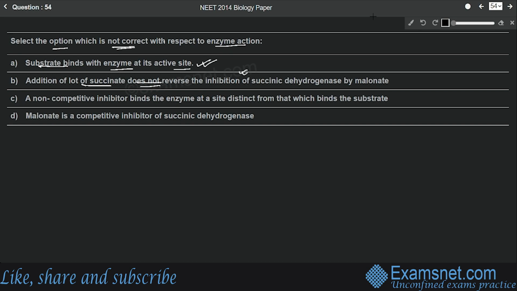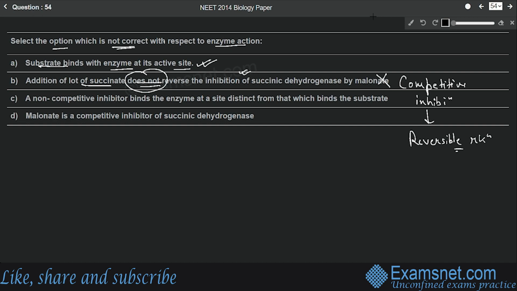So the inhibition of succinic dehydrogenase by malonate is an example of competitive inhibition, and it is a reversible process or reversible reaction. That means on increasing the substrate concentration, that is succinate concentration, the effect of inhibitor is removed and Vmax remains same. Okay, so this is an incorrect statement. That means it will reverse the inhibition, but here it is written that it does not reverse the inhibition.